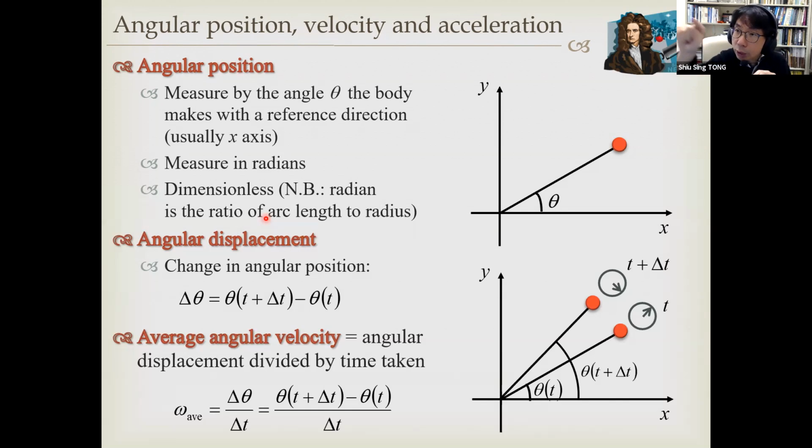So it's a division of two lengths. The arc length and the radius both carry a dimension of length, so the dimensions cancel when they divide each other. And that's why the radian is actually a dimensionless quantity. Although it measures angle, it is dimensionless.